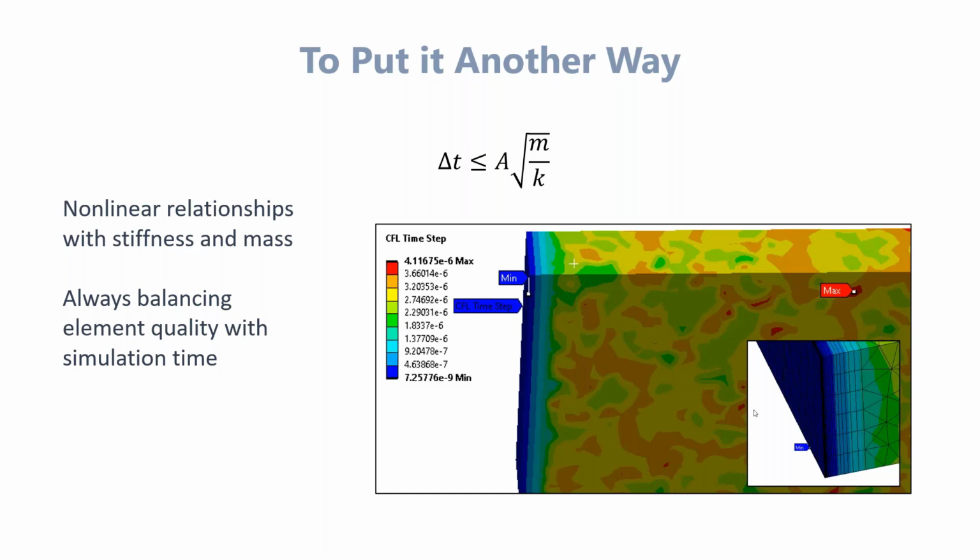So whereas the time step will scale linearly with an element length specifically, it has a nonlinear relationship with material mass and the material stiffness, which means that in general, your element size is going to be the driving force, or the more significant force, behind how long your time steps have to be.